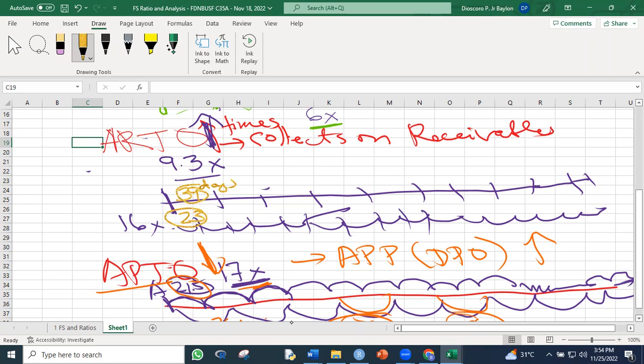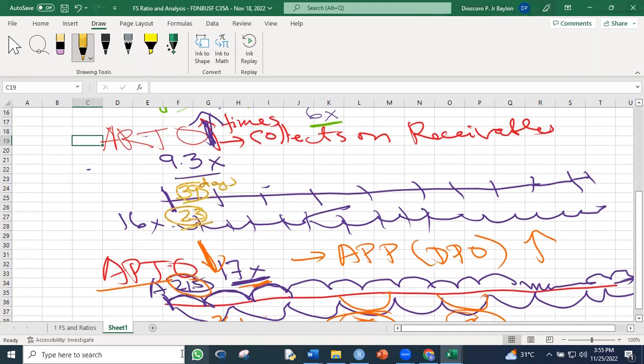Why is that so? Palpak ba yung collection department natin? Or wala ba tayong collection department? Wala ba ang naka-assign talaga na nag-monitor ng receivables natin? Okay? So why are we being outperformed by our direct competitor? Kasi sila 23 days. Tayo 39 days. So medyo malayo yung performance natin.